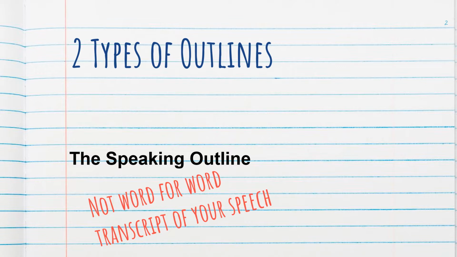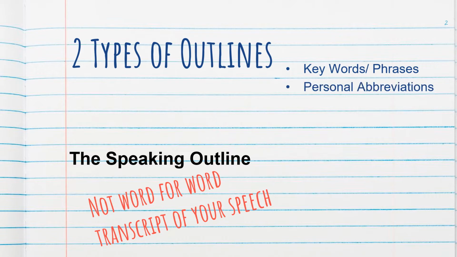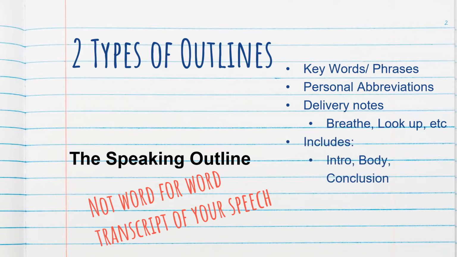Instead, this is the outline that you bring up to the podium, much like your note cards. This outline will use keywords and phrases, personal abbreviations, delivery notes like breathe, look up, etc., and also include the introduction, body, and conclusion of your speech.